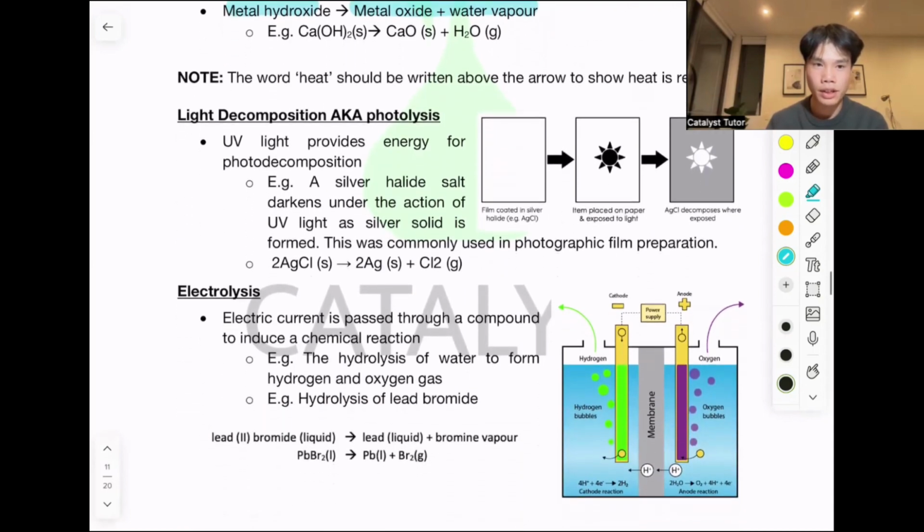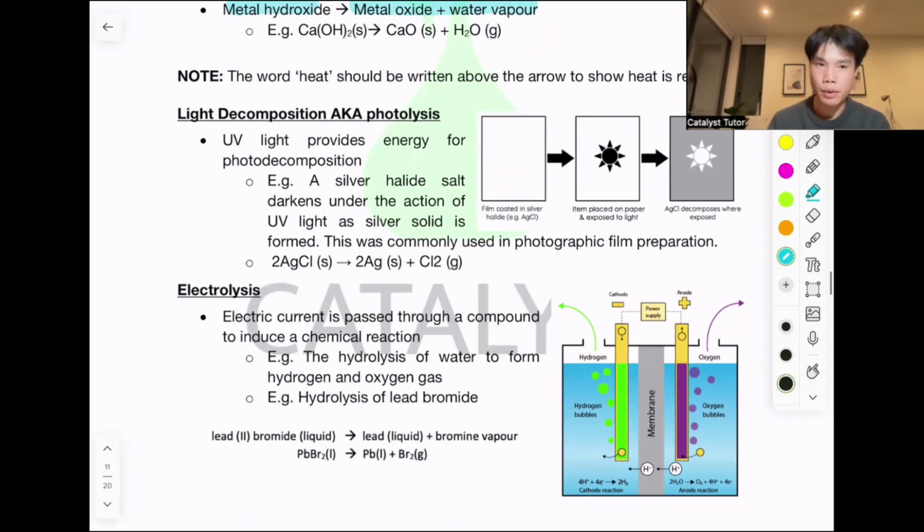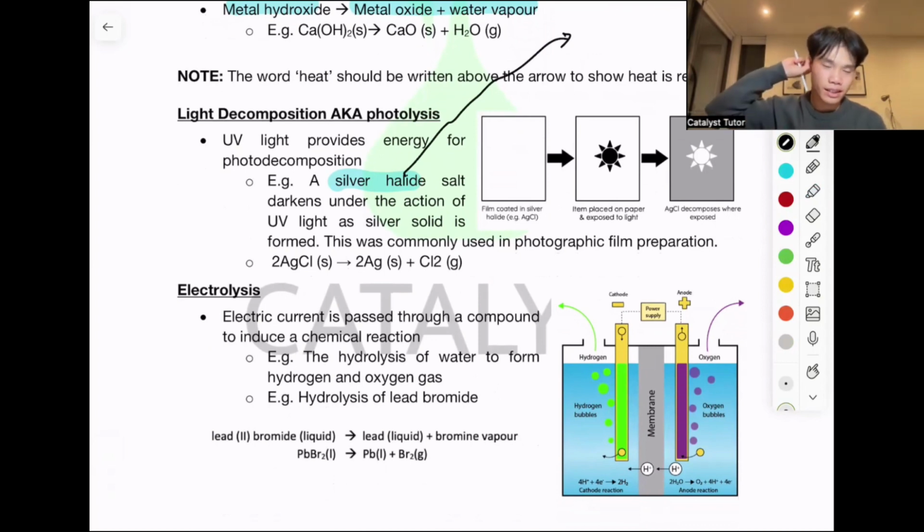Light decomposition, again, many examples, but the one that I've just included is if you have a silver halide. Halide being what? What's a halide? Think periodic table. What sounds like halide? Like a halogen. And what group number is a halogen?